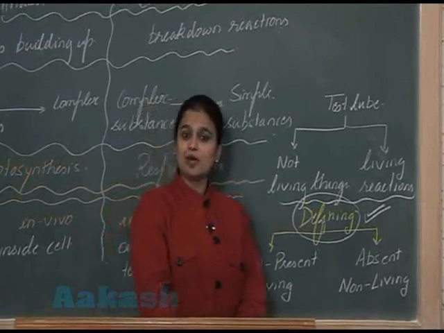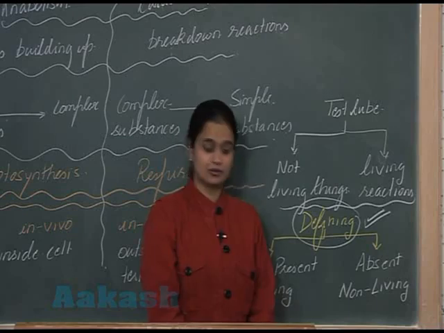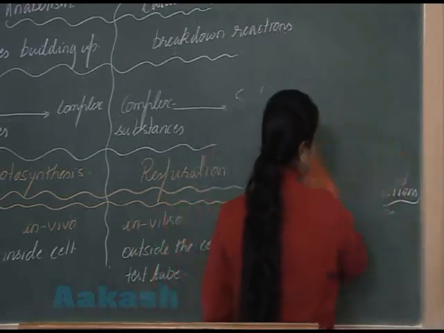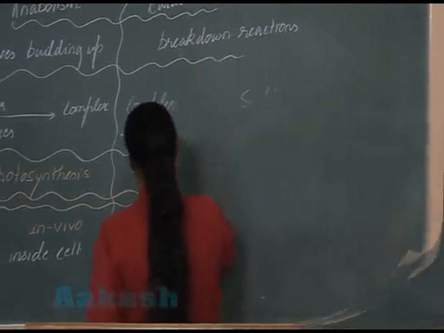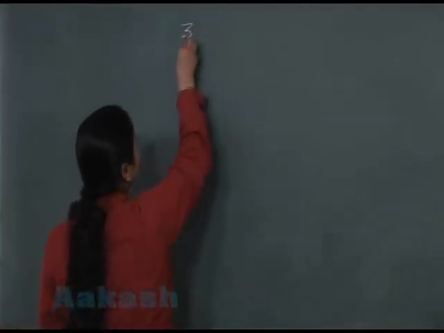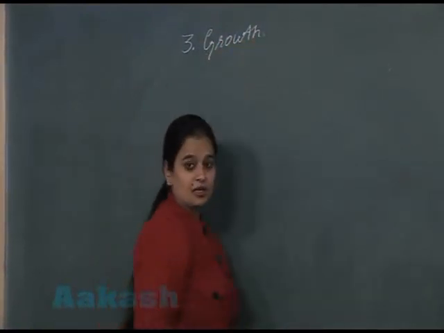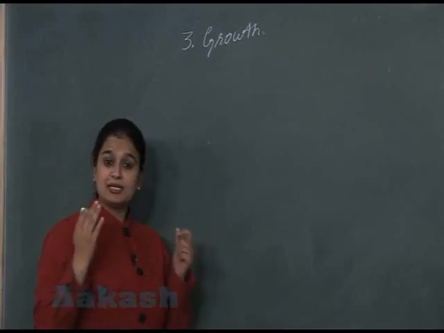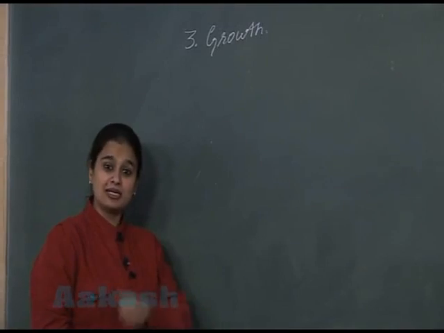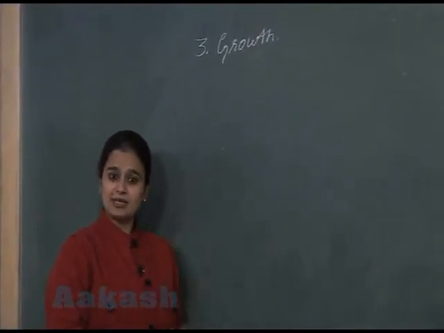Now after metabolism, the next feature which we will discuss is growth. Growth is irreversible increase in mass, or you can say overall size, of a cell, organ or the whole organism.